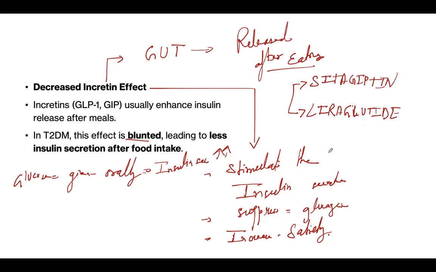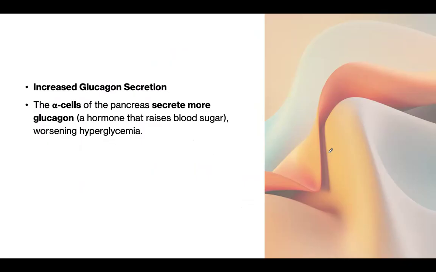What is incretin? Incretin is a hormone present in the gut. It helps in the release of insulin after eating, thus lowering the blood sugar level in the body. In type 2 diabetes, the incretin effect is reduced. To enhance the activity of the incretin effect, two drugs are used: sitagliptin and liraglutide.